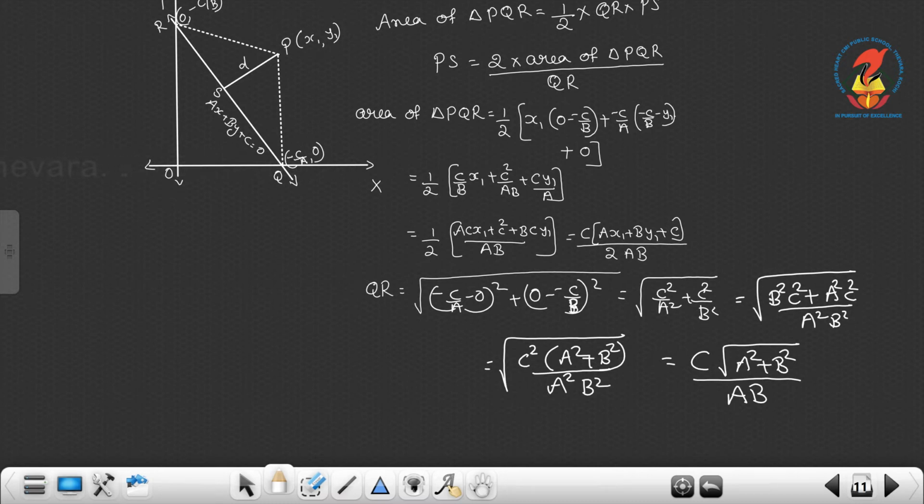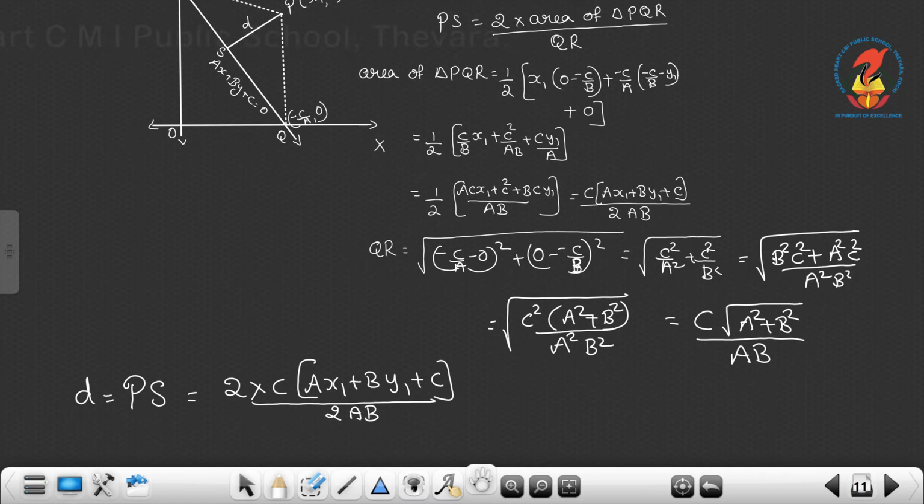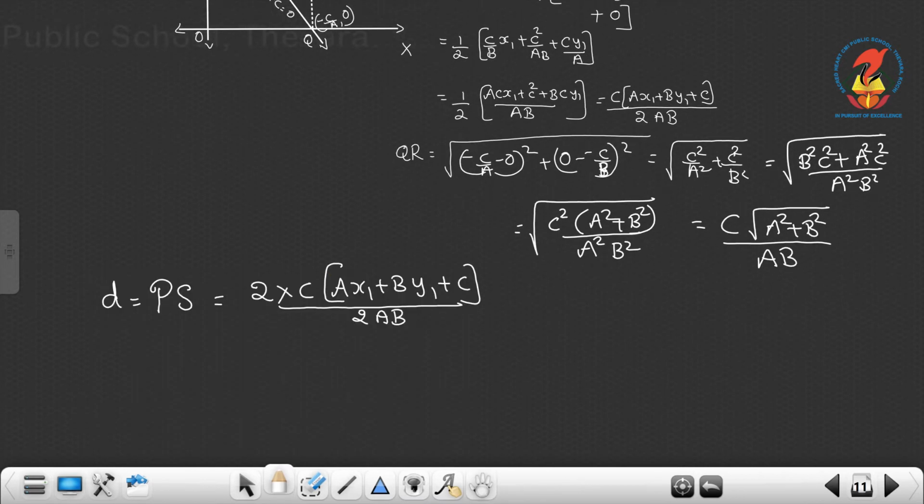That's enough. Now substitute all these in PS. PS is D. D is 2 times the area. What is the area? C into (ax1 plus by1 plus c) by 2 times AB, then divided by QR, which is C into root of (a square plus b square) by AB.